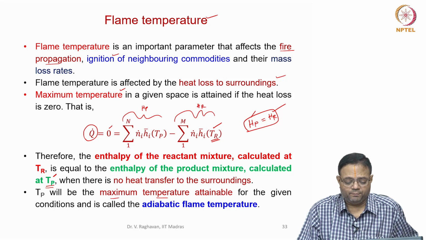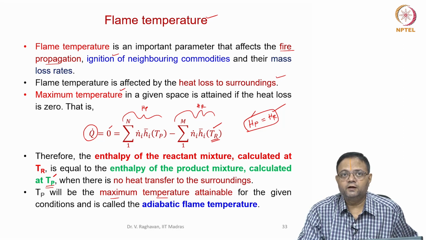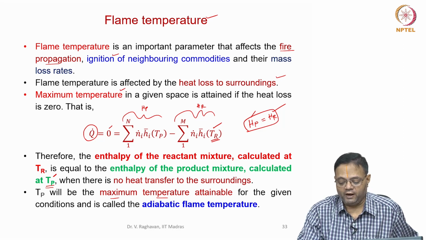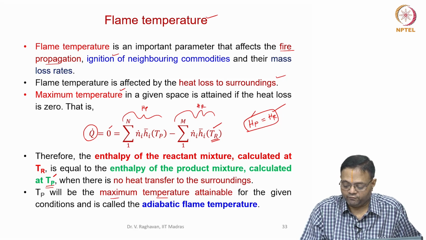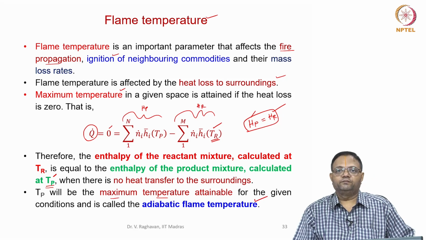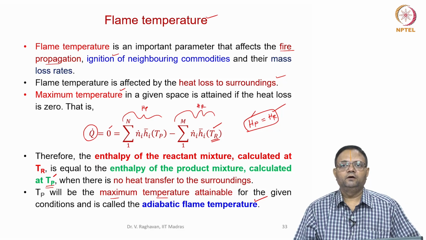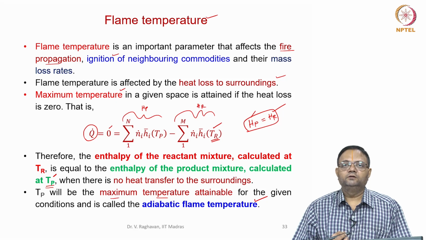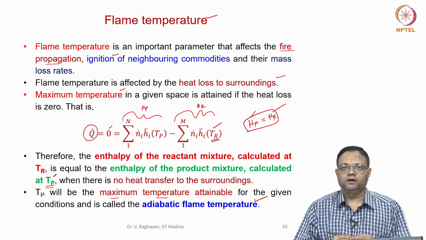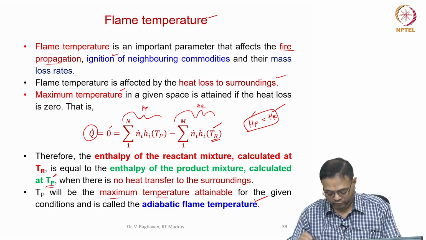So this temperature, at which the enthalpy of the products is equal to the enthalpy of the reactants, is called the adiabatic flame temperature, which is the maximum temperature that can be attained in a given space when there is no heat loss and the heat released due to the combustion is going to heat up the products to the maximum temperature.